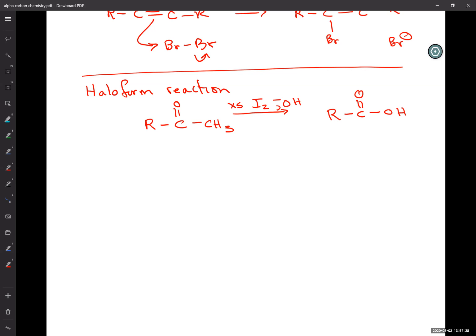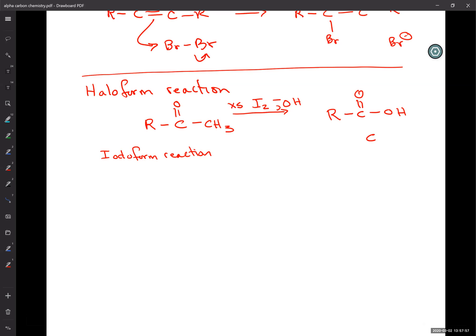Sorry. So two things about this. It's a conversion of a methyl ketone to a carboxylic acid. It's also the test, the haloform reaction. When we use iodine, it's called the iodoform reaction. And it turns out the other product is this.